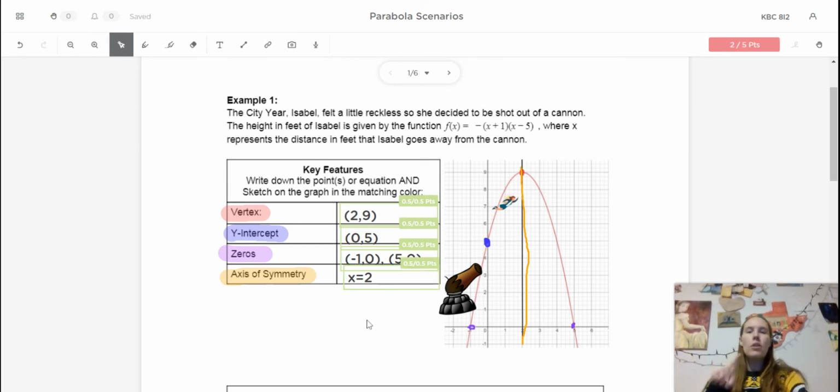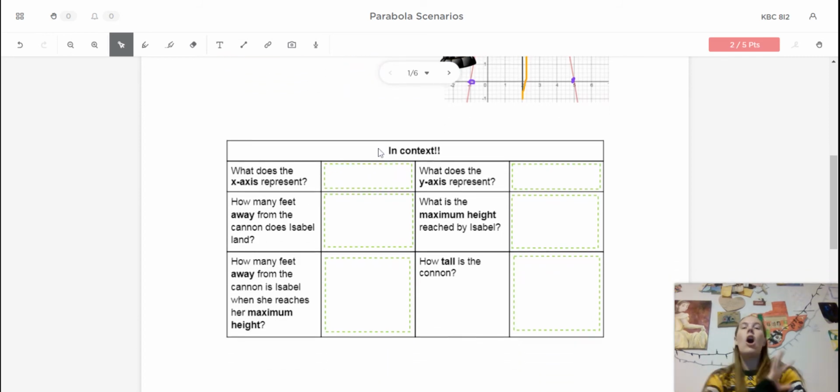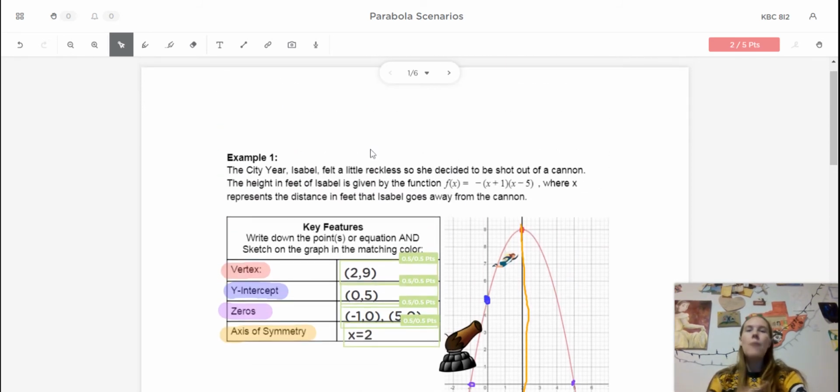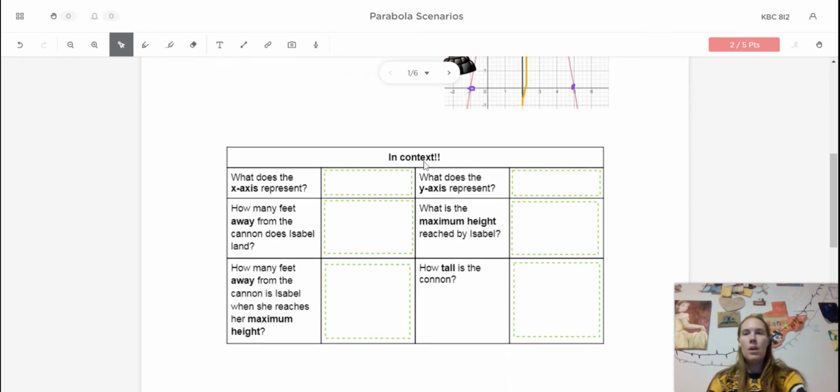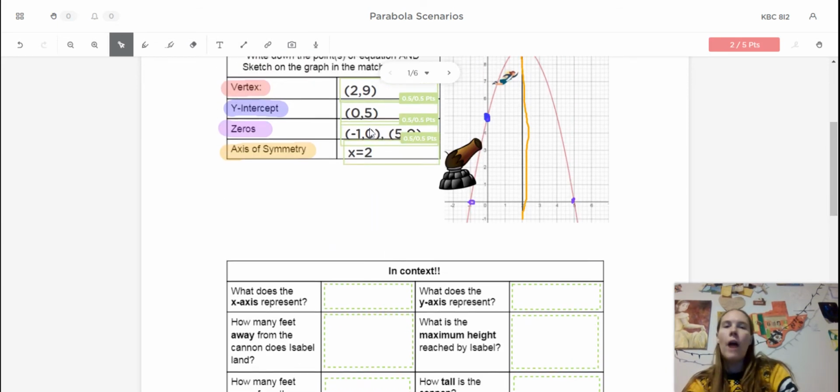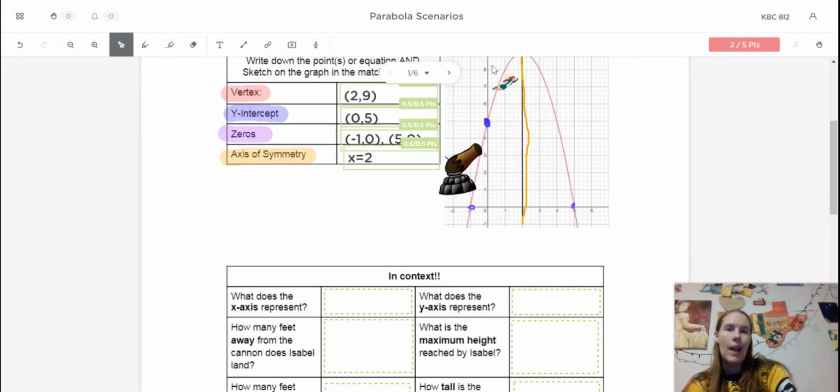So the first part you want to do is always go through and find your key features. The new part is the context. So that's why we had this word problem. So first we want to figure out, all right, what does the x represent and what does the y represent? So we go back to our word problem to figure it out.